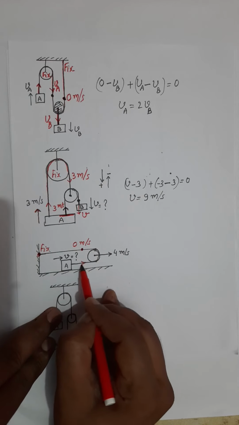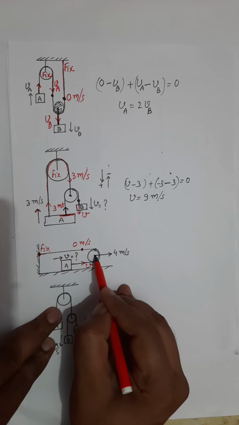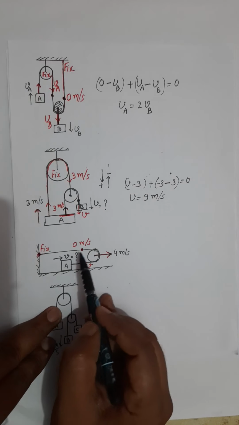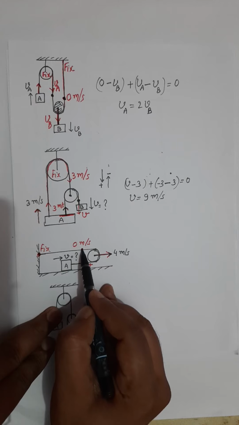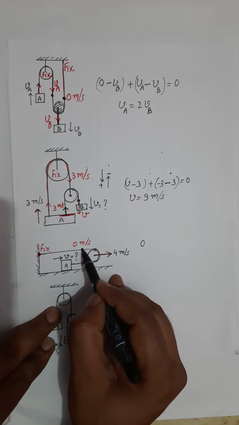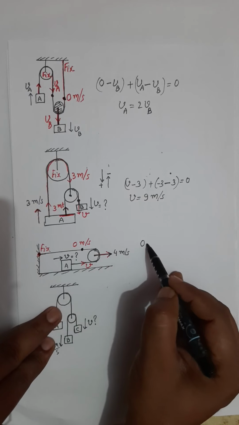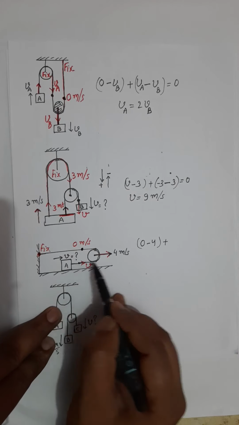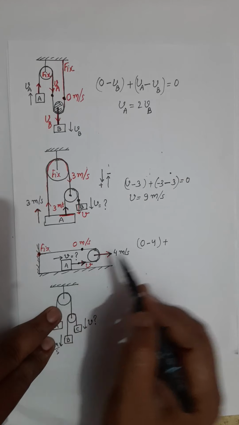This block is moving forward with say V velocity and the pulley is moving forward with 4. Use the same concept, relative of this point which is 0 meter per second. So 0, to convert it into relative, subtract this pulley velocity, 0 minus 4. Velocity here is V.